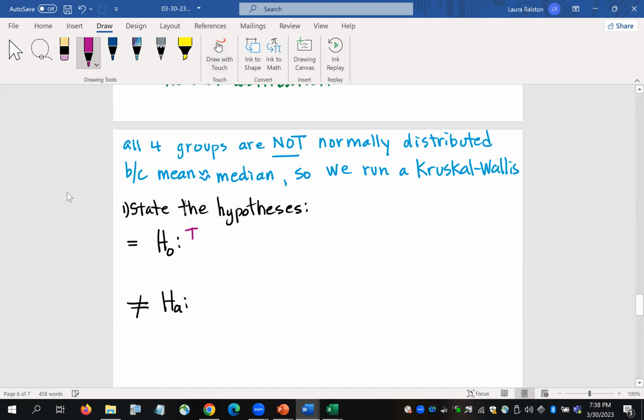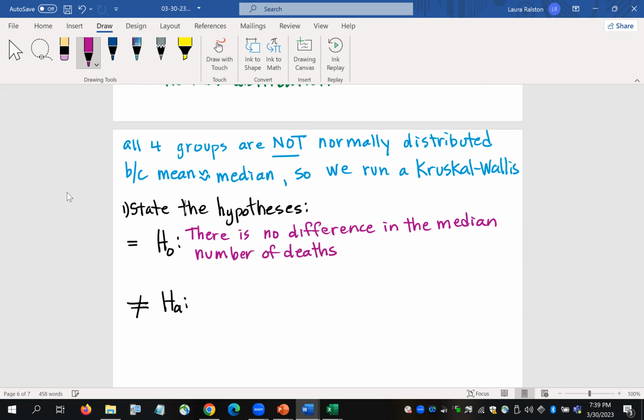So we would say there is no difference in the median number of deaths due to severe weather events.